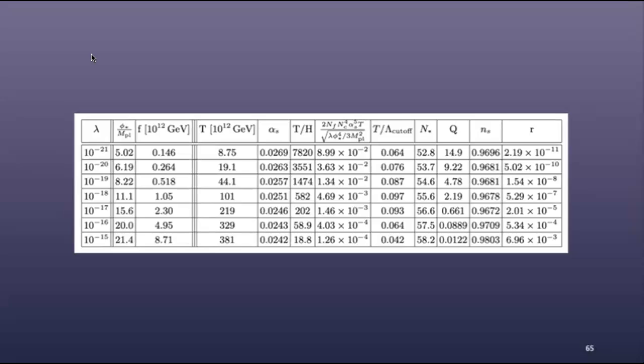So you're 10 to the minus 18 and 20 to the fourth. And so that's okay. So you're saying that's much larger than the T to the fourth, the energy density of radiation. So you have your temperature is 10 to the 12 GeV.